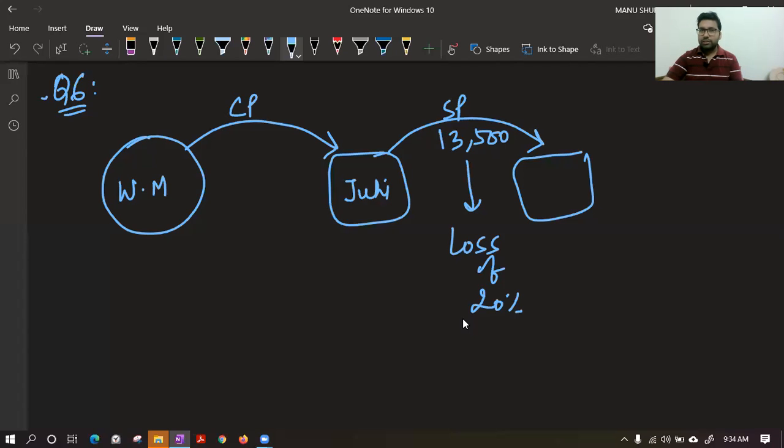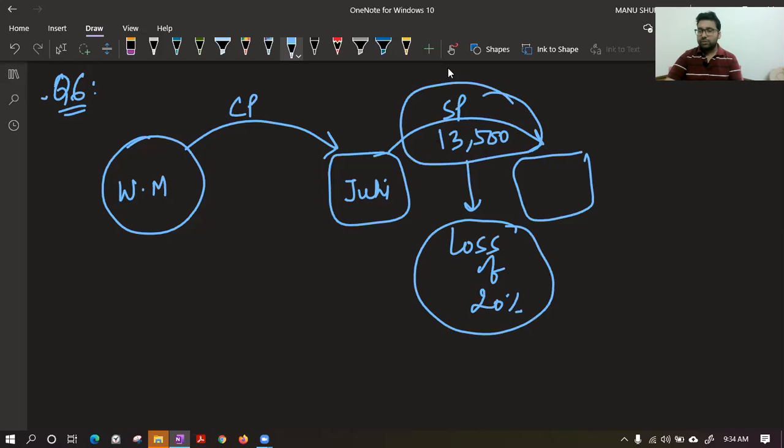So now tell me, what we need to find in this question. We know SP is 13,500 and loss is 20%. What we need to find? We need to find the cost price. So again, what do we do first? Please tell. Let us write these things.